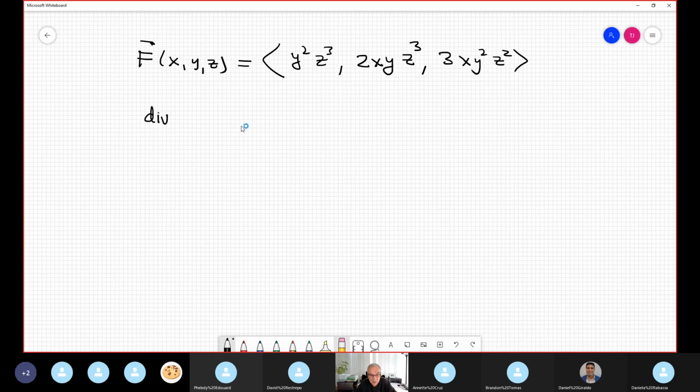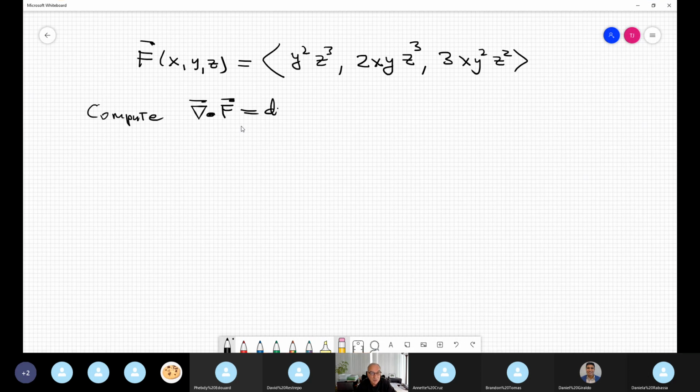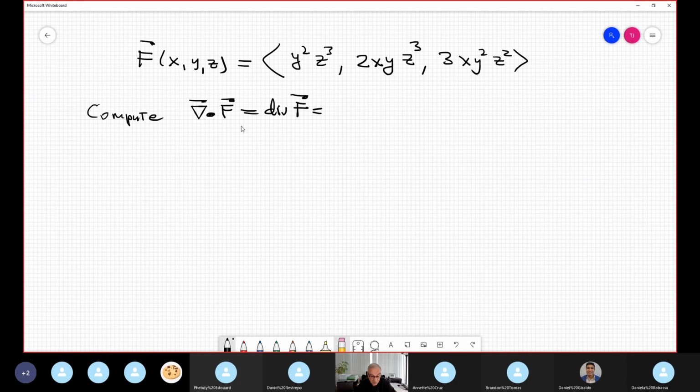Divergence. Let me try to practice the new notation a little bit. Compute now del dot F. And you need to understand that when they write it that way, it's divergence. It's equivalent to saying divergence. So the formula, when you have P, Q, R: P is this expression.